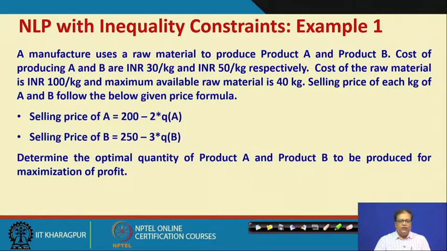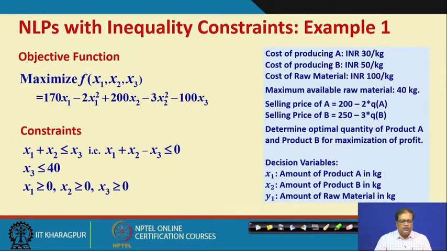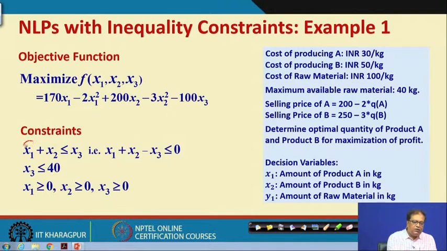So, let us see what that constraint is. The constraint will be x 1 plus x 2 less than or equal to x 3. Why? Because this is the first product, this is the second product. If you add them, that should be less than the raw material, that is the quantity x 3.